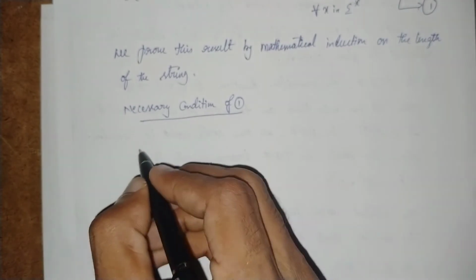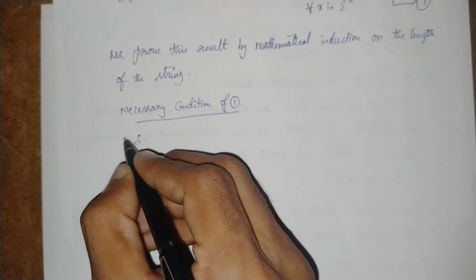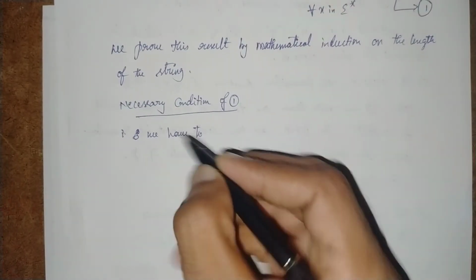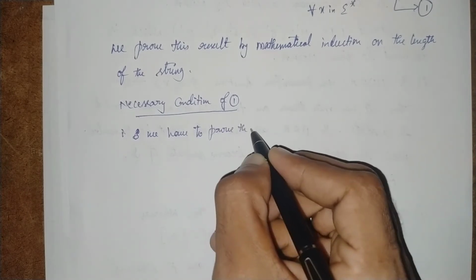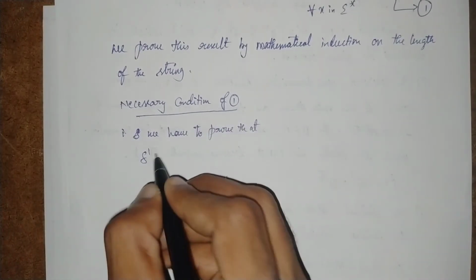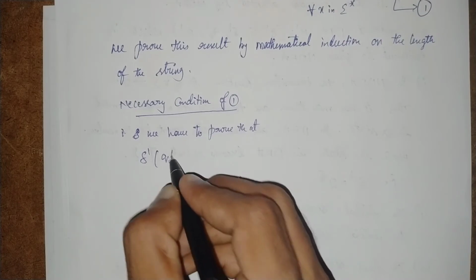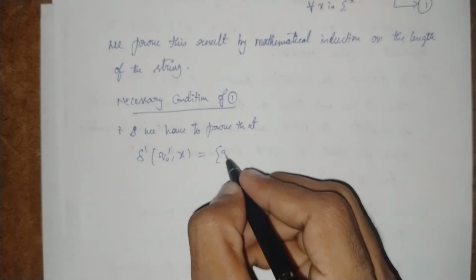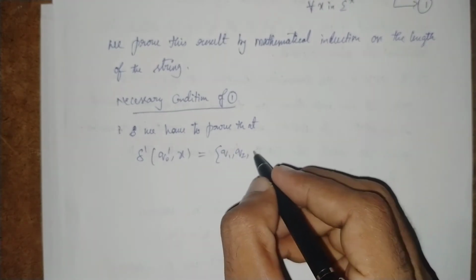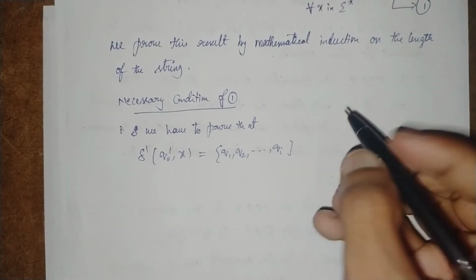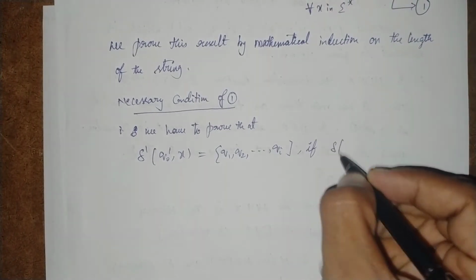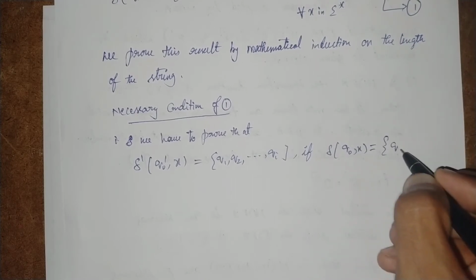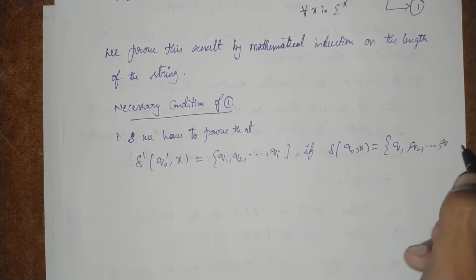That is, we have to prove that delta dash of Q naught dash, x is equal to Q1, Q2, so on, Qi, if delta of Q naught comma x is equal to Q1, Q2, so on, Qi.